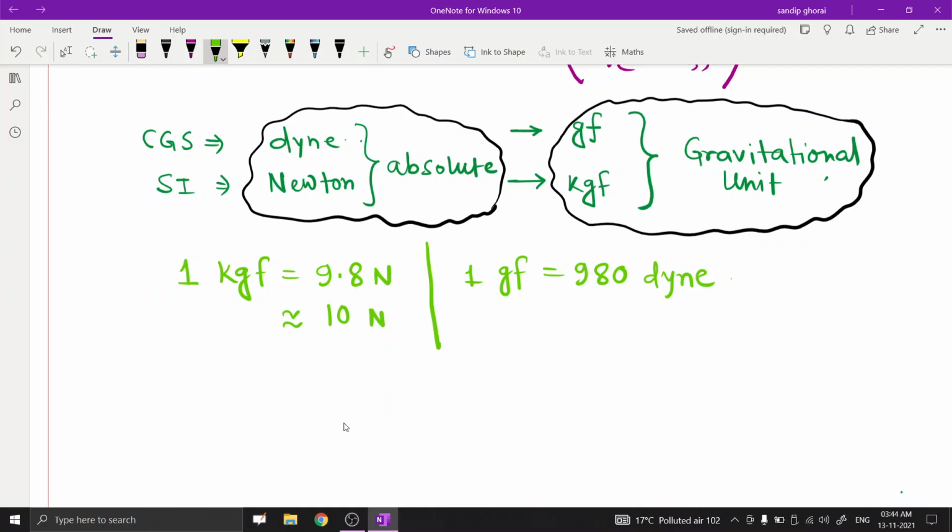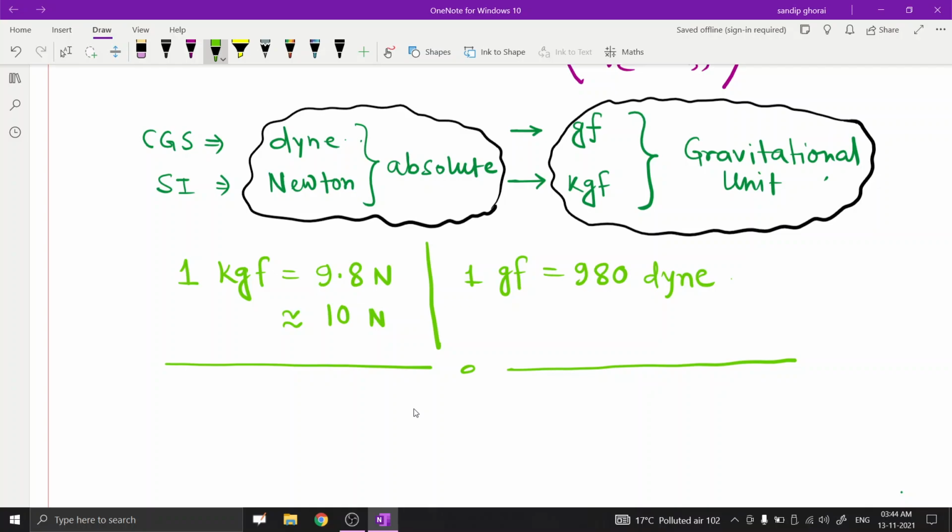Okay, so these are the simple concepts, or points, that we have to remember regarding force. At first you have to remember the definition of force. The second is what the effects of force are and how force is measured in different units.